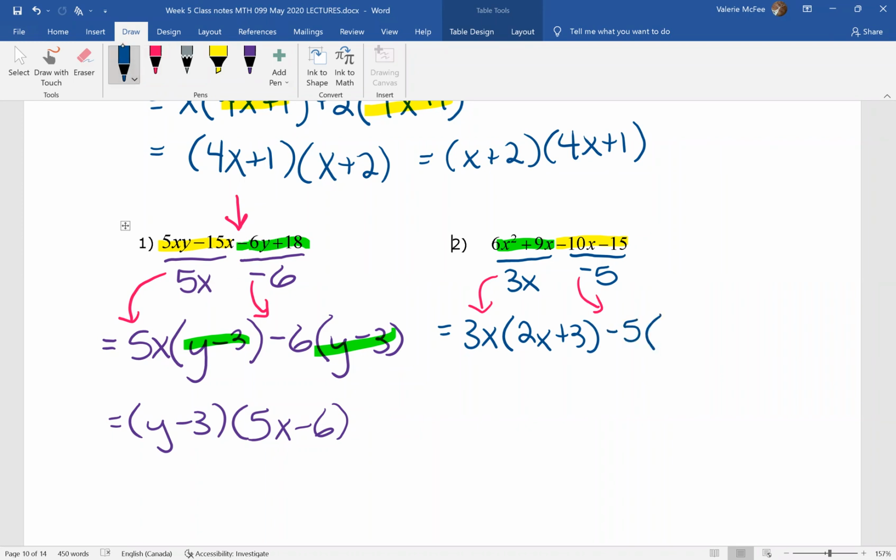Write it down with its sign. -10x divided by -5, +2x. -15 divided by -5, +3. Now we see we have a greatest common factor of 2x plus 3, multiplying our quotient, 3x minus 5.